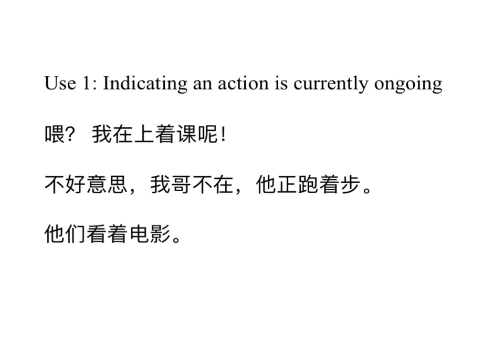好 second sentence. 不好意思，我哥不在，他正跑着步。Again, 他正跑步也可以，他正跑步也行。或者他在跑步，他在跑着步，都可以。然后他们看着电影。Now we can't take out the 这 here, because if we did that, it would mean that there's nothing indicating that this is currently ongoing.